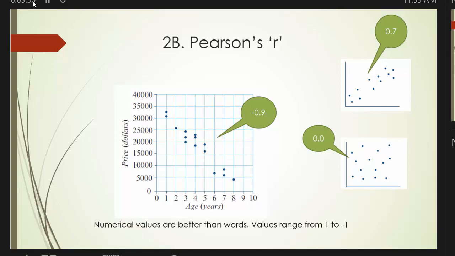This one's going to generate a value of 0.7, so it's smaller than that one, and it's positive rather than negative. This one has an R value of 0, no pattern at all. So they range between 1 and -1. If you're looking at my hands, -1 over here, very strong negative, 0 in the middle, going up to very strong positive.